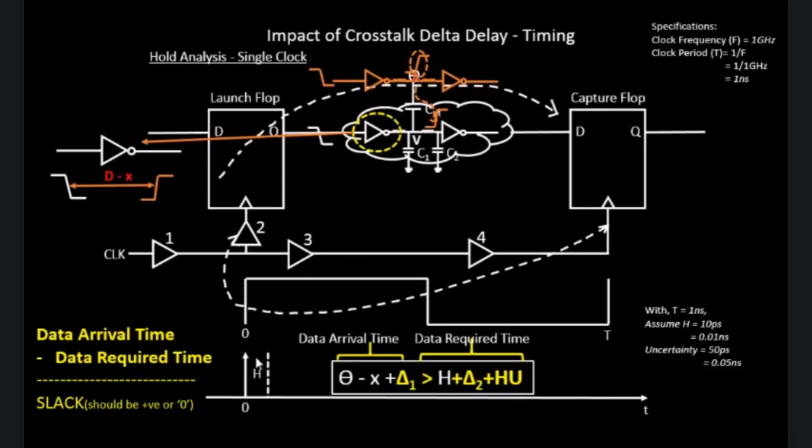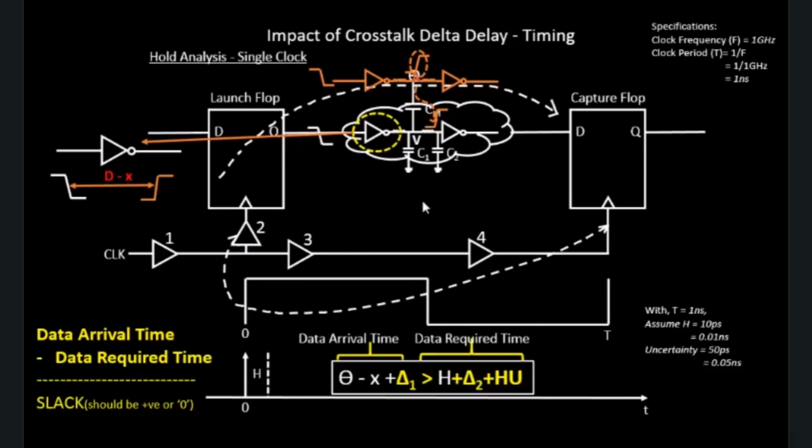Basically your data arrival time becomes more and more less than the data required time, and as a result you see the slack going in the negative direction. It's purely because of the crosstalk delta delay over here.